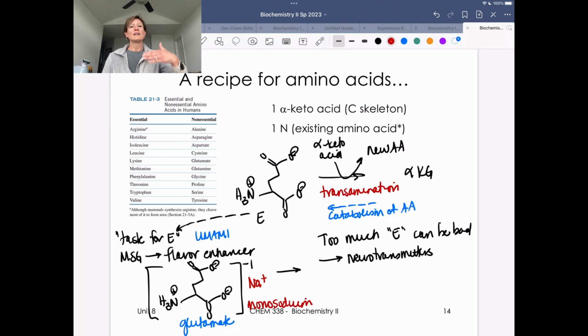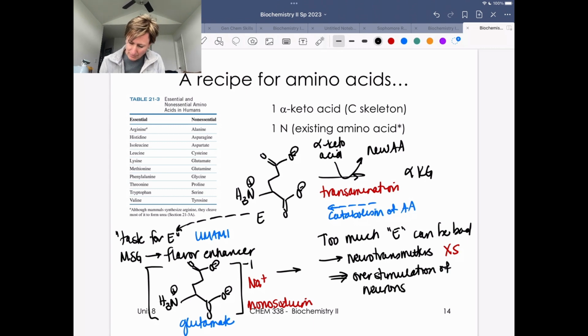So if you've got excess levels of monosodium glutamate that you've consumed, it could be a logical sequence of events that you would have too many of those neurotransmitters synthesized. Excess levels of neurotransmitters can lead to overstimulation of neurons. And overstimulation of neurons can lead to some of the symptoms that people experience if they are sensitive or hypersensitive to MSG. Okay, so all of this can lead to those physiological symptoms.